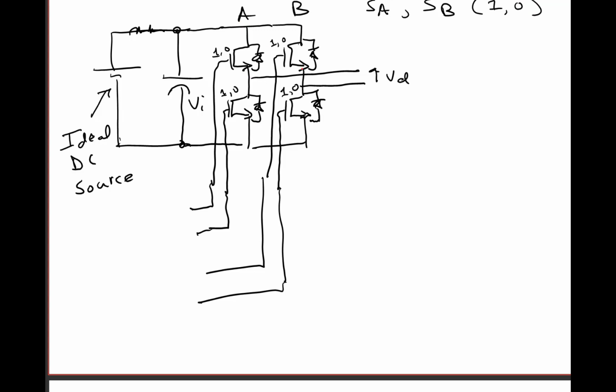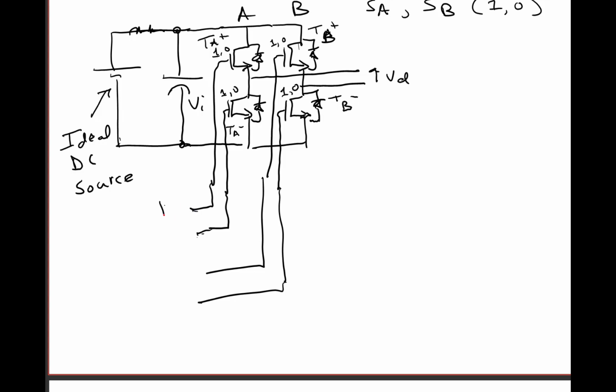That's the state of the leg. But then you've got the state that's being applied to the devices. This is what we call TA plus. This was transistor A minus, transistor A plus, or transistor B plus, transistor B minus.